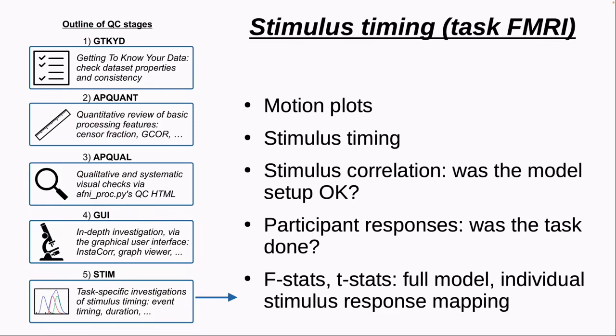Okay, so did they respond to the task? So we want to see compliance also. And in the quality control HTML pages, we produce F-stats and T-stats, and the full model, the individual stimulus response too.